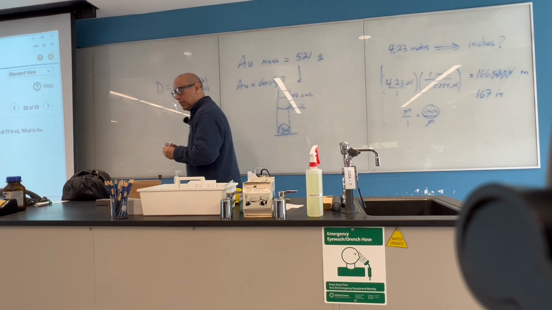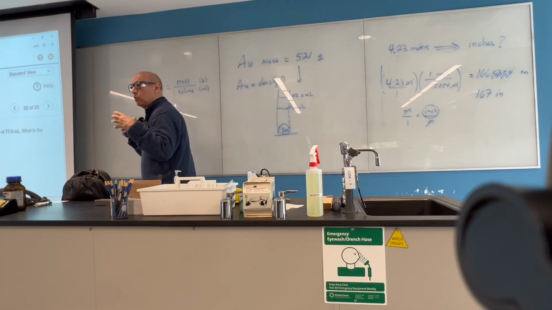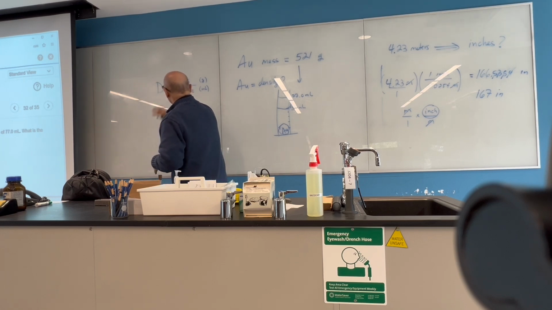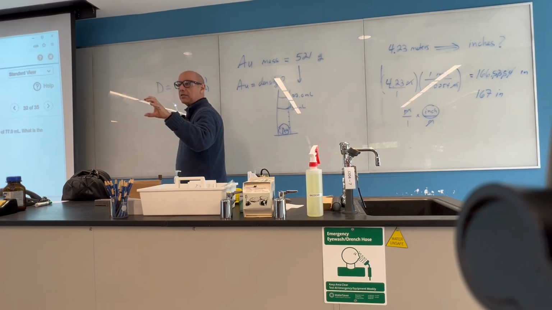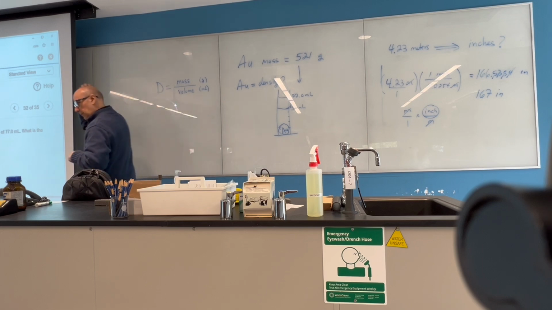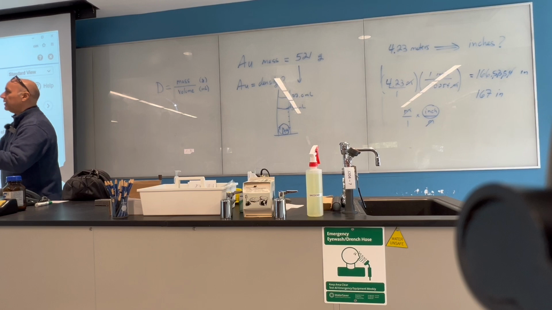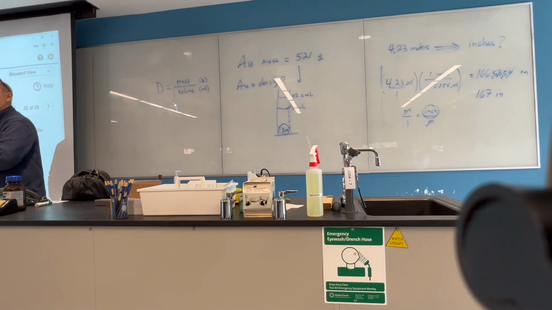Now, density is intrinsic to a sample. In other words, gold, no matter how much gold you have, is always going to have the same density. It's almost like a social security number of gold. It doesn't change. Now, what's the density, for instance, not in number, but relatively speaking, of feathers compared to lead? So we use the word lighter when in reality we mean less dense. I love the word lighter.